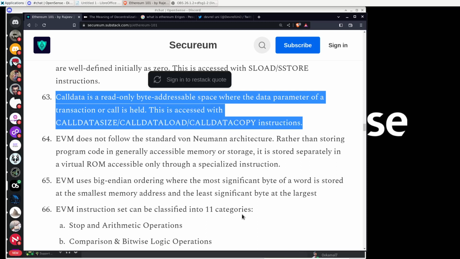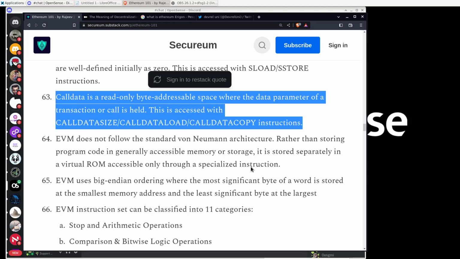Yeah. So whenever someone sends a transaction, the call data is the payload which the user sends, like a transfer. It contains the 4-byte signature and the parameters for the function. The signature tells the EVM which function to call.